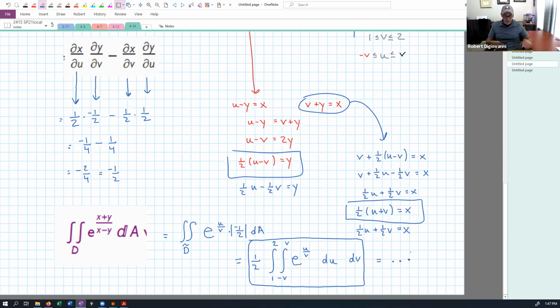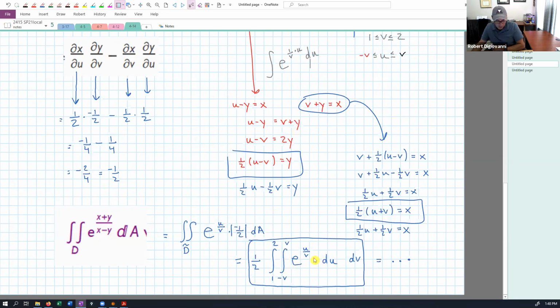And that is integrable. You'll be able to take the antiderivative of that with respect to u. Do I need to or no? I'll show it real quick. If I had to take the integral of e to the u over v with respect to u, I would look at it this way: 1 over v times u, du.